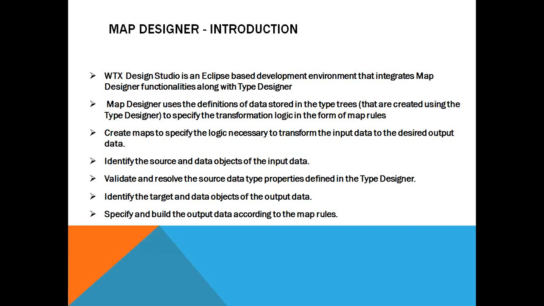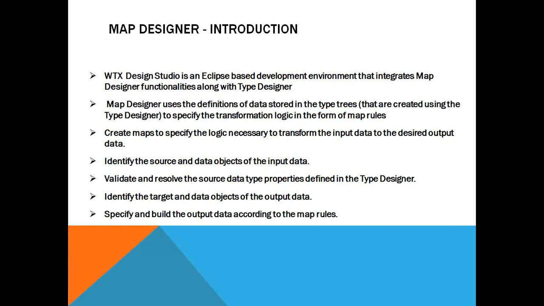So the map will use the type trees in order to read the data as well as to write the data by using the mapping rules. We'll write the mapping rules to transform the logic from input to output. So the map designer uses the type trees, and using the mapping rules it does the transformation from input to output.